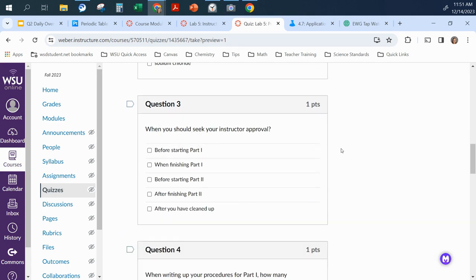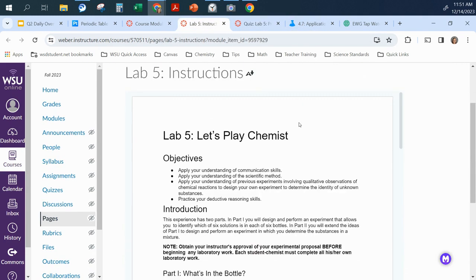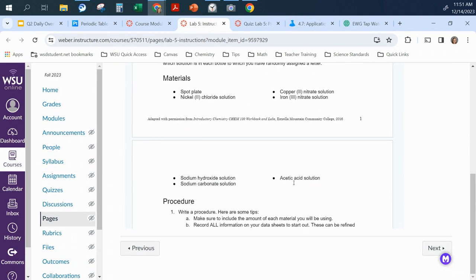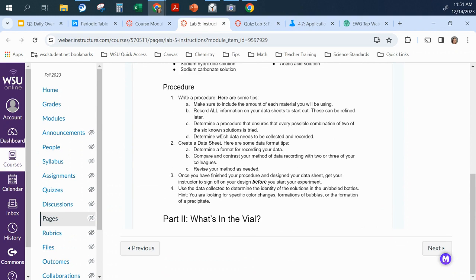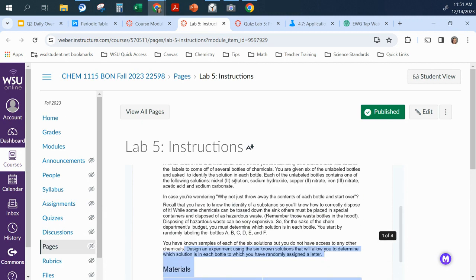Question 3 asks, when should you seek your instructor's approval? Hopefully you can find that in the instructions. Let me click to the instructions. Remember, you're going to create a procedure for both part 1 and part 2. Once you have your procedure, you're going to come check with me and make sure that you can start.